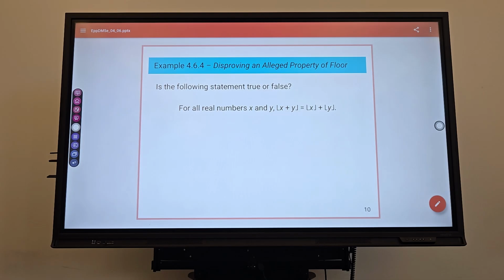For example, if x was 2 and y was 7, that's like 2 plus 7. The floor of 2 plus 7 would be 9, right? The floor of 7 plus the floor of 2 would equal 9, wouldn't it?